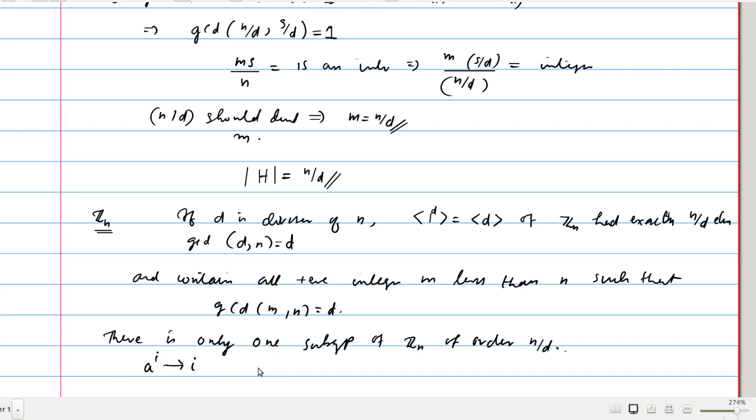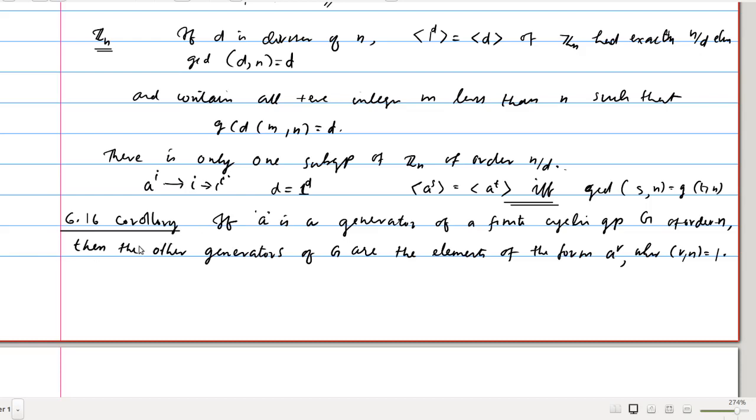Then instead of writing d, we write 1 raised to d, and this can be written as 1 raised to I. If we choose this mapping, you can say that the subgroup generated by A raised to S equals the subgroup generated by A raised to T if and only if GCD of S comma N and GCD of T comma N are the same. So this proves theorem 6.14.